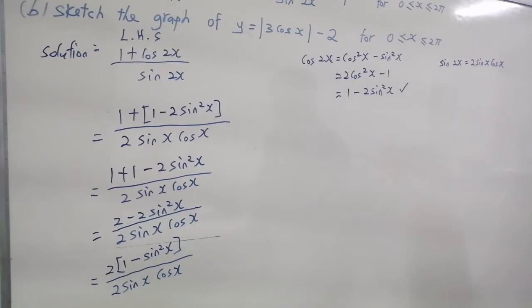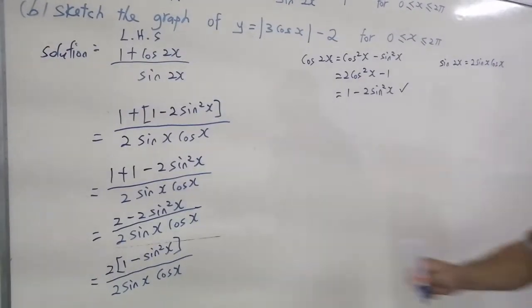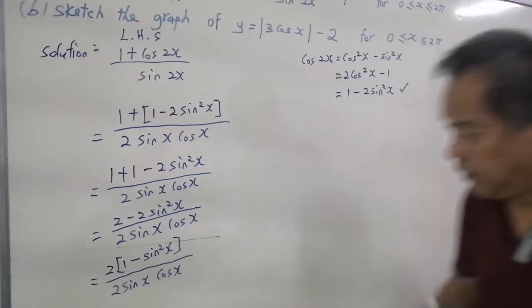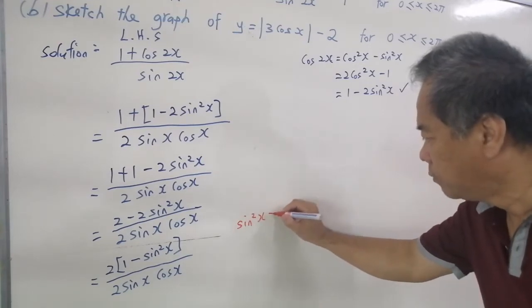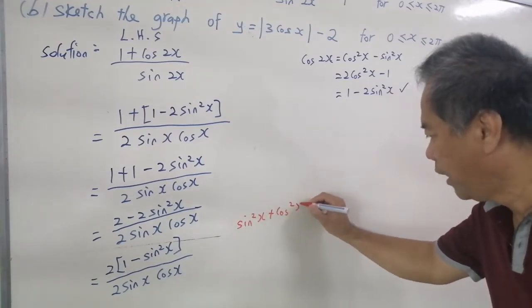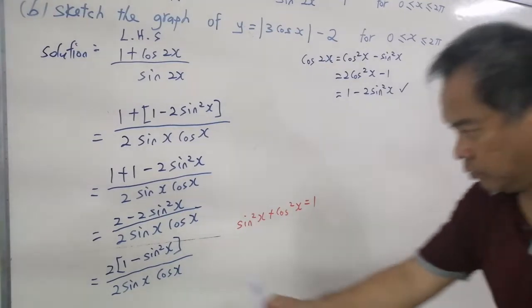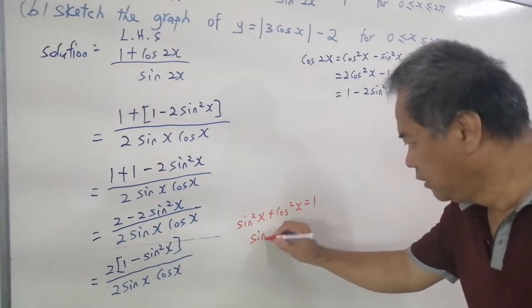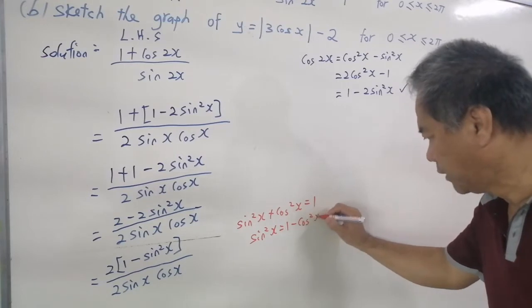Now, you have studied the formula sin square x plus cos square x equals 1. So making sin square x the subject, sin square x equals 1 minus cos square x.